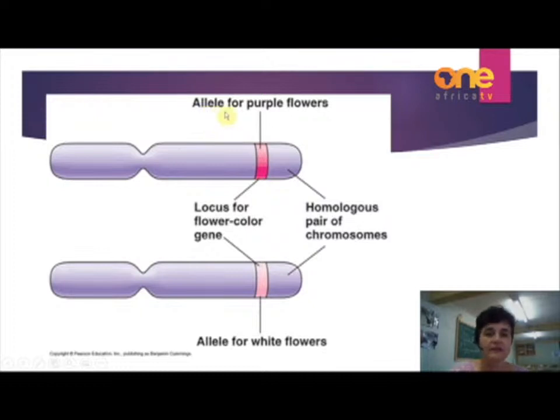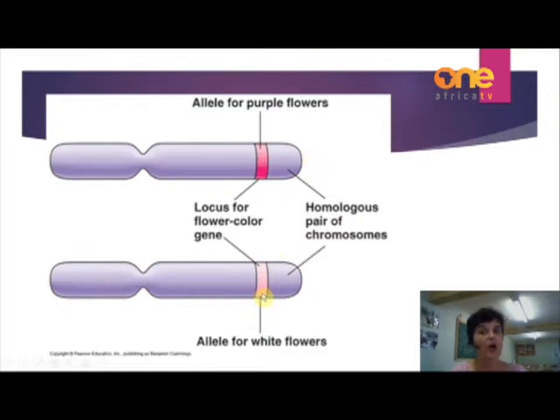The allele for the flower color is on the one chromosome, purple flowers, and exactly on that same locus in the homologous pair, I will find the allele for the color of the flower from the other parent. And in this case, it is white.